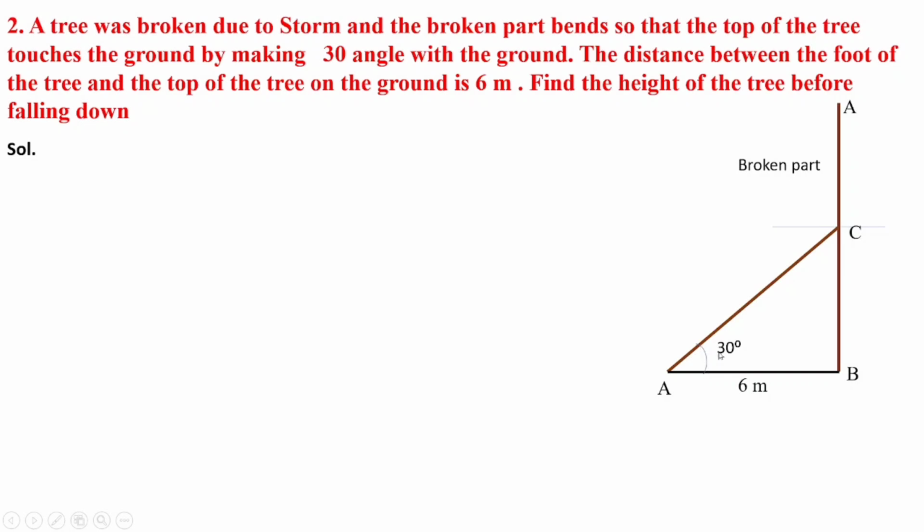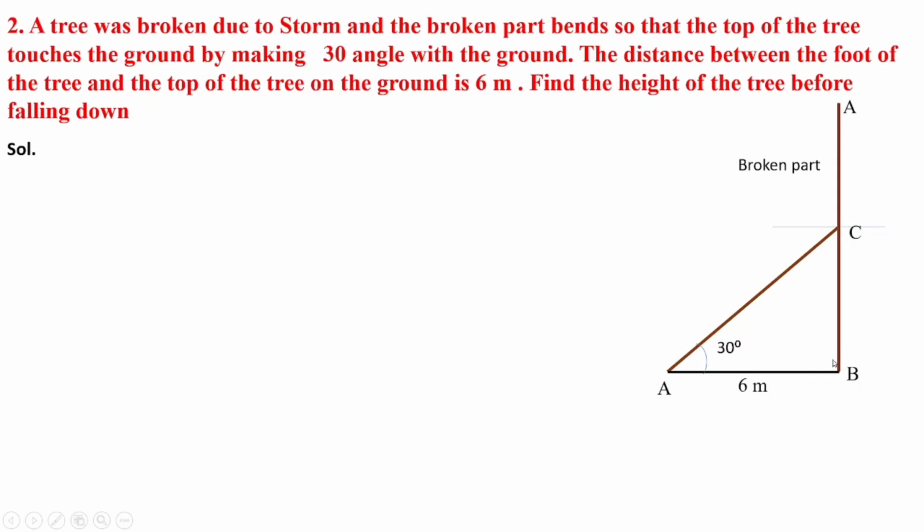So have you got the concept of the question? I will explain one more time. This AB is the tree. Consider the storm has hit the tree at point C. Now the upper part of the tree has broken, and the top portion of the tree has touched the ground, making an angle of 30 degrees with the ground.